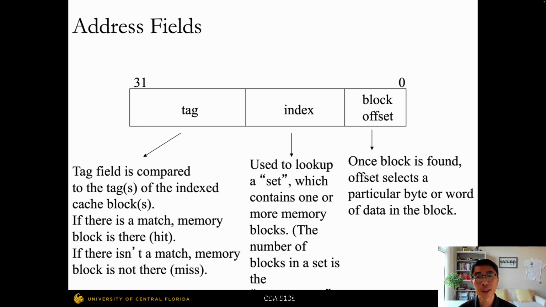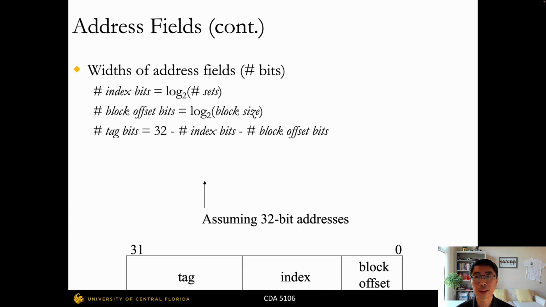How are these bits calculated, meaning how many bits are used for the different fields? This is computed using the width of the address. The number of index bits is simply the log 2 of the number of sets. Log 2 is just a logarithm with a base 2.